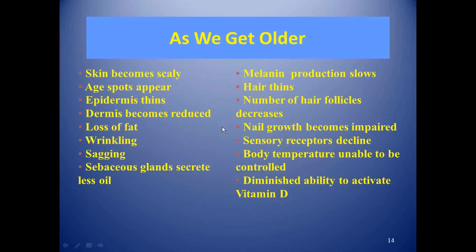The melanin, the pigmentation, starts to slow, so that's why you see some of the hair turning gray. Thinning of hair over time. Not only does the hair thin, you've got hair follicles decreasing. The nail growth still occurs, but not as fast.